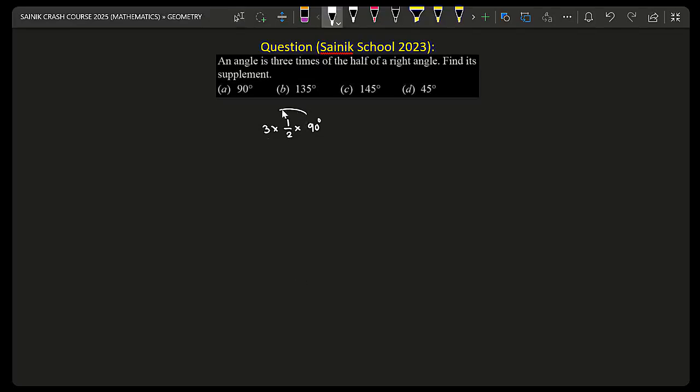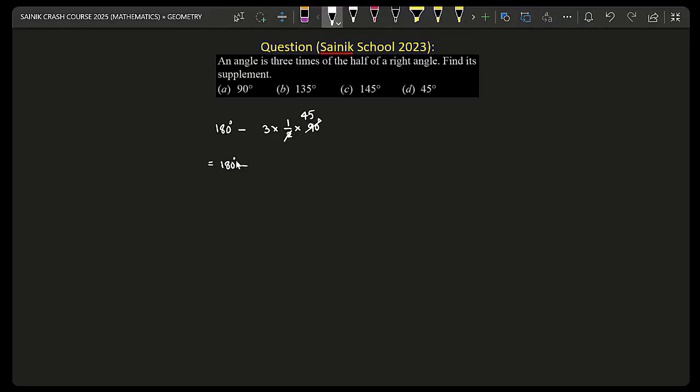Yes. Similarly, for this angle, I want to find the supplement. So what do we have to do? Just subtract that angle from 180. Can we write it like this? Yes, sir. Now simplify this. 2 into 2 is 4, so 45. Next, 3 into 45.